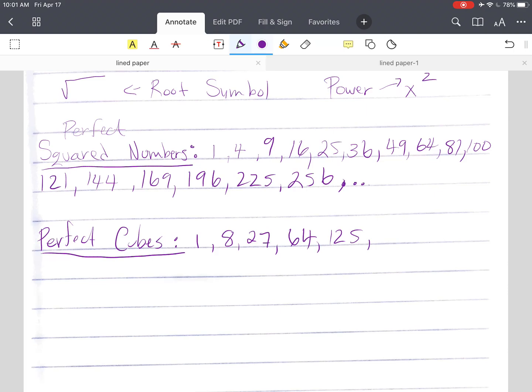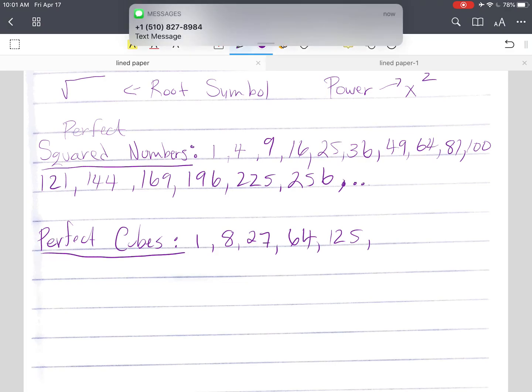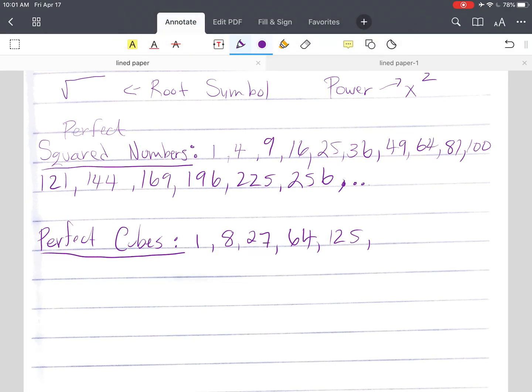I think it's 198. 36 times 6. 30 times 6 is 180. 180 plus 36. Oh, wait, that's 216.